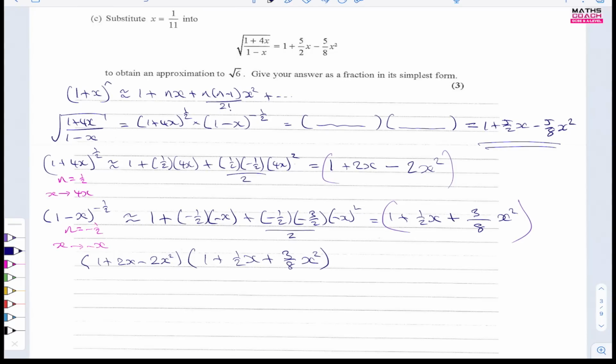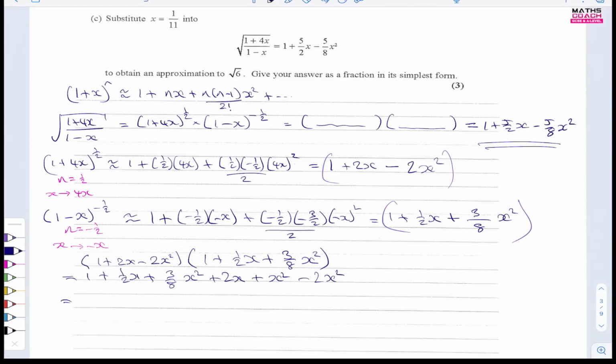So we're going to do 1 times 1, 1 times a half x plus 1 times 3 over 8x squared. Then we do 2x times 1, 2x times a half x, which is just going to give you x squared. And then 2x times 3 over 8x squared is a higher power. It's a cubic one, so we're going to ignore that. And then we do minus 2x times 1, which is minus 2x squared. And minus 2x squared times the others gives you cubic and higher, so we're going to ignore those.